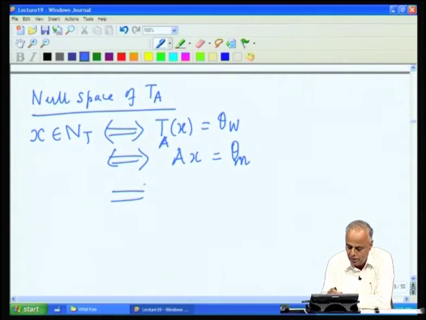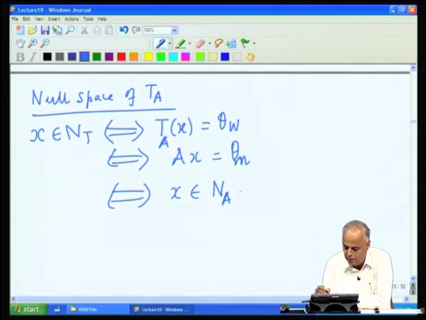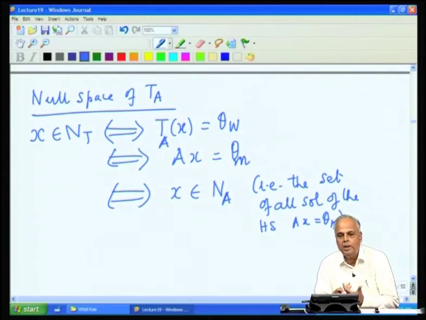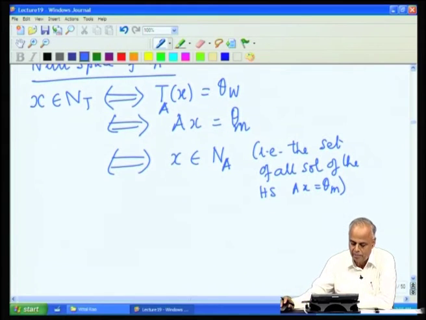So, if and only if x belongs to the null space of the matrix A, that is the set of all solutions of the homogeneous system Ax equal to theta. So, the null space of T is the same as the null space of A.